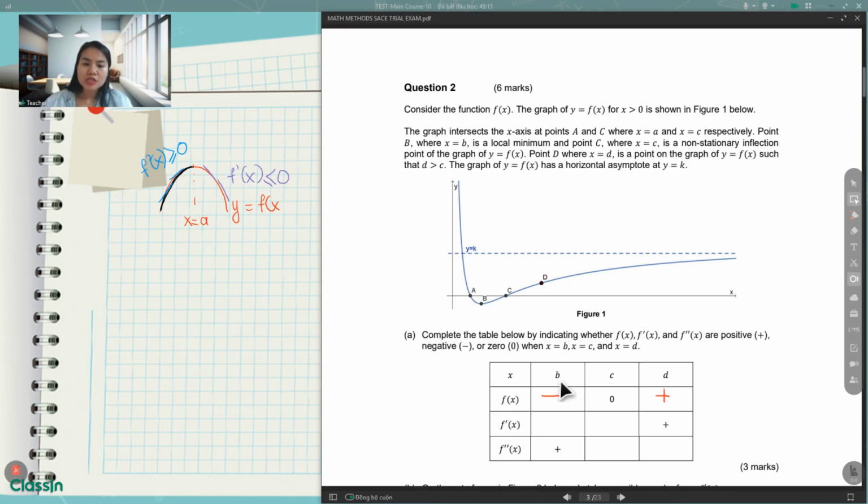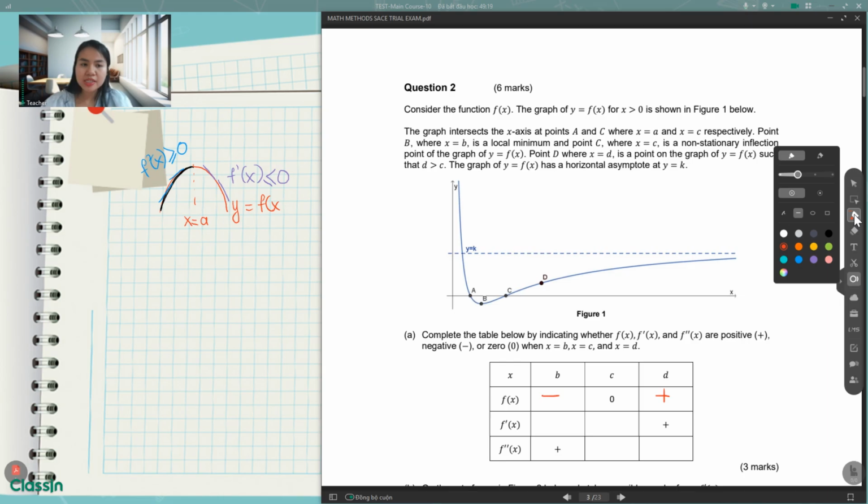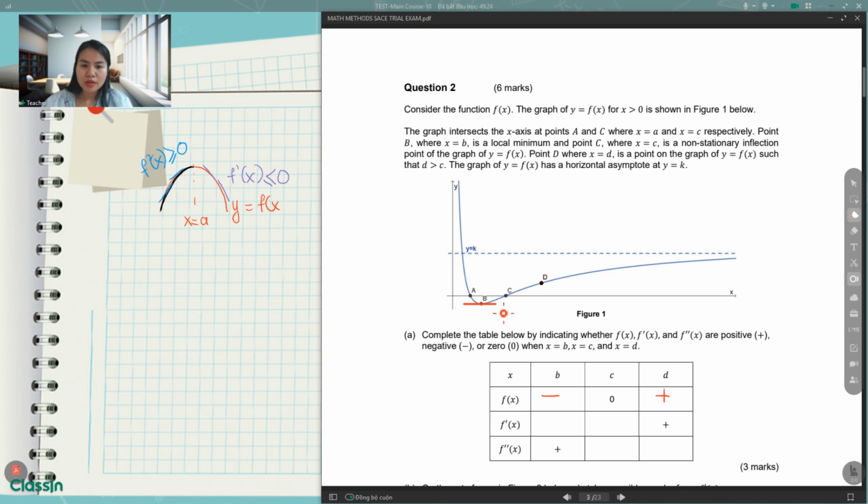So take a look at this. f'(B). Point B is a local minimum. It's a stationary point. So if you draw a tangent at B, the tangent is horizontal, and f'(x) is the gradient of the tangent. If the tangent is horizontal, the slope is equal to 0, which means f'(B) is equal to 0.